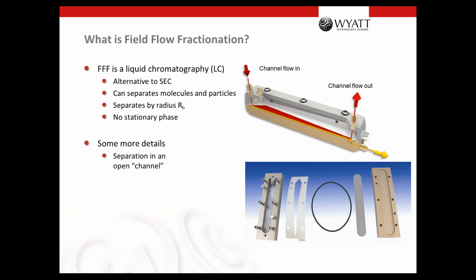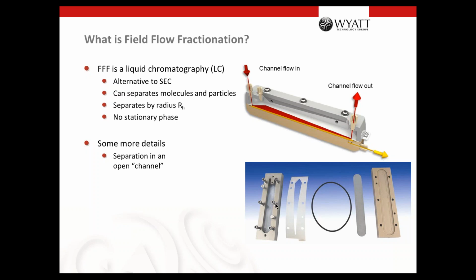Look more into detail. You see here we have the channel, and in red we have the channel flow. You see that's the channel flow in, and here is the channel flow out. Then the yellow flow is the cross flow, so that is the flow which goes through the membrane.